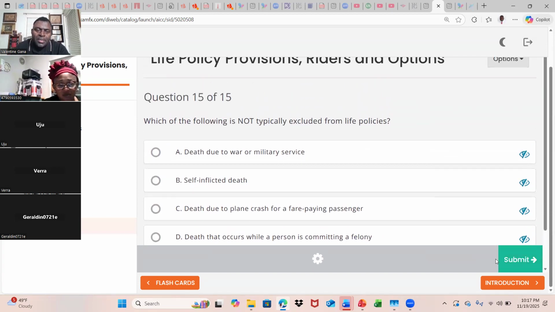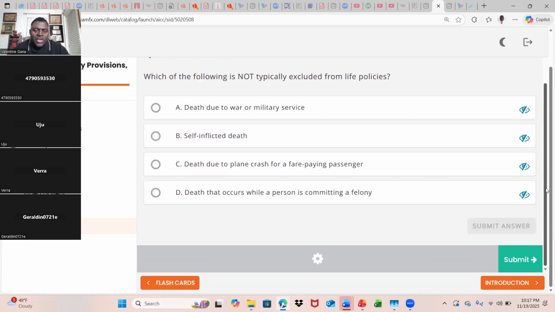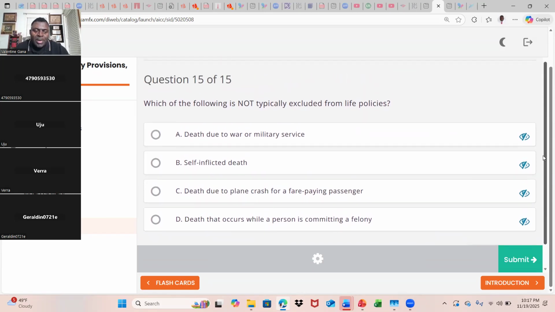Last one here. Miss J, why don't you crown this one by reading it to us? Which of the following is not typically excluded from life policies? This is a good one to end with.